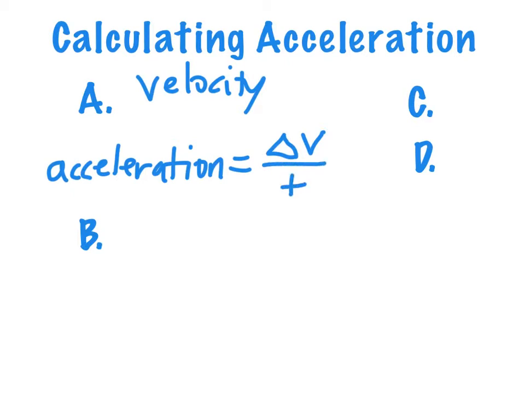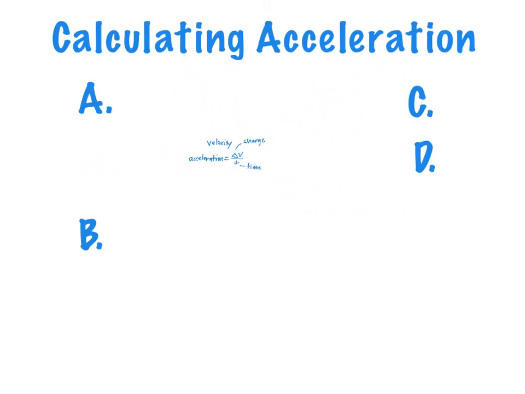So it's the change in velocity over the time. Remember, this triangle equals change, and this t equals time. Okay? So that's letter A. You can pause a second and write that down. That all goes with A.